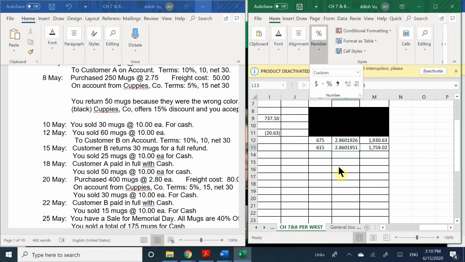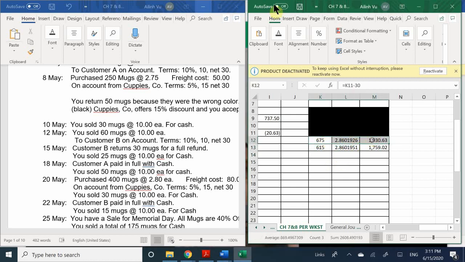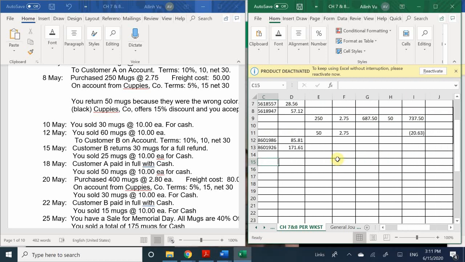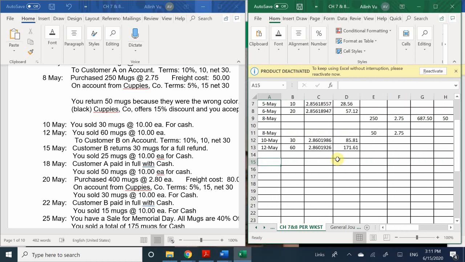Okay. So now I can see that the number has not drastically changed, and that's okay. All right. I'm going to highlight this.